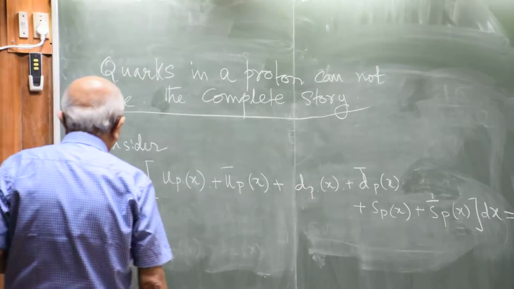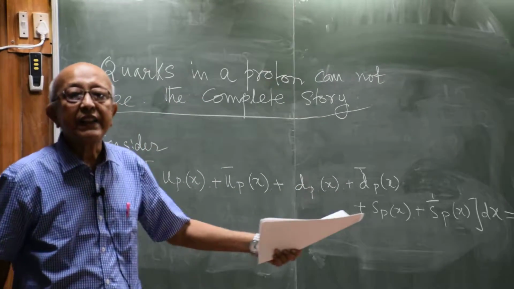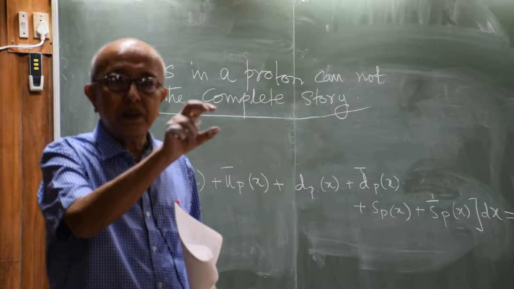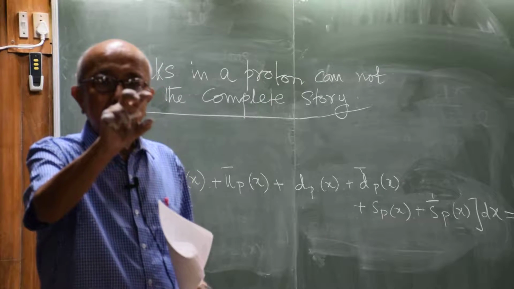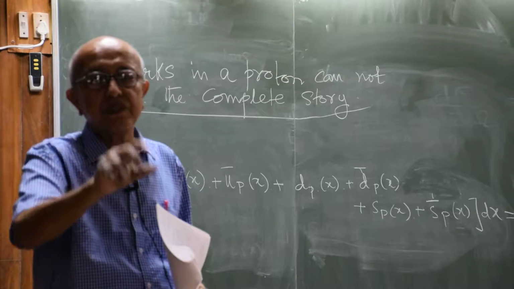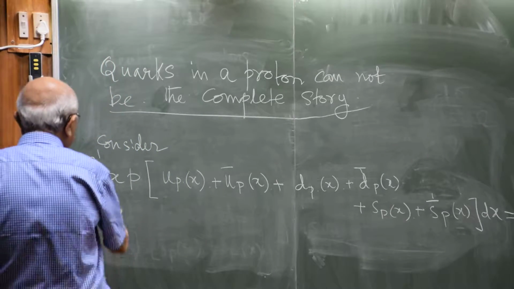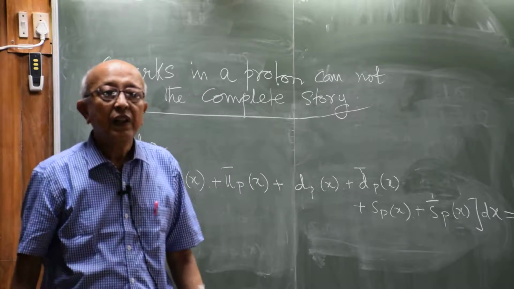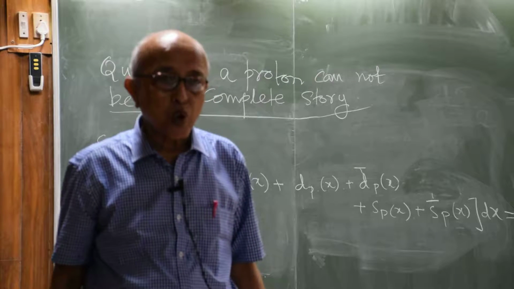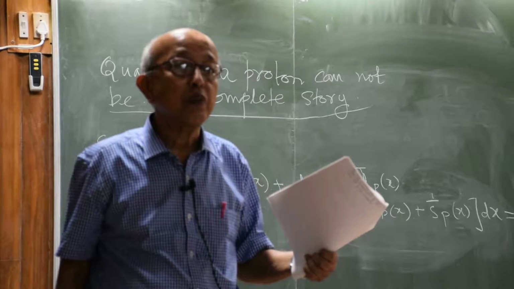Now if the quarks were the complete story, then this integral should give you what? Parton momentum multiplied by the probability that the parton carries x fraction of proton momentum. Well, if this P was not there, it would give 1. But if P is there, this is simply the total momentum of the proton, if the quarks carry all of the proton's momentum.